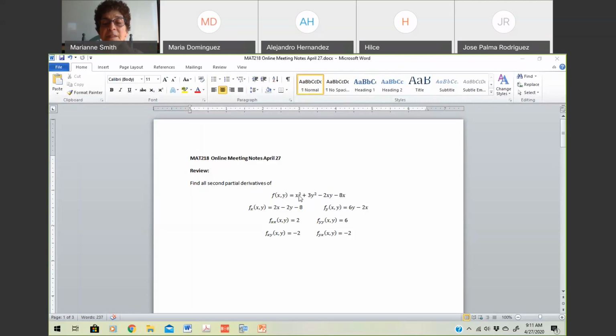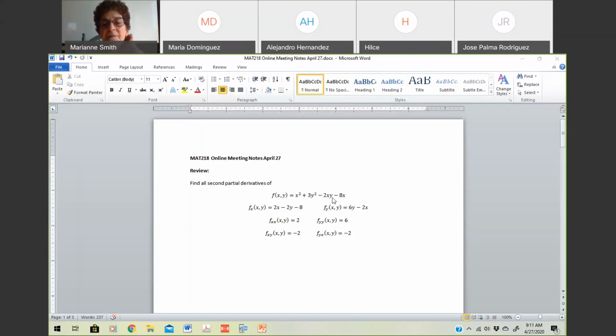The first term is just x squared, so I differentiate it normally and I get 2x. This term has constants in it. 3 is a constant, and I'm holding y as a constant when I differentiate with respect to x, so y is also a constant. Since the term itself is nothing but constants, it doesn't give me anything in the partial derivative.